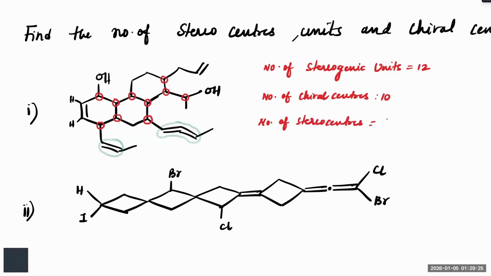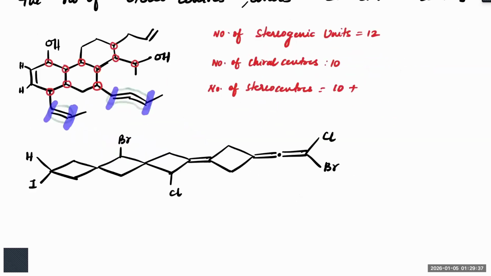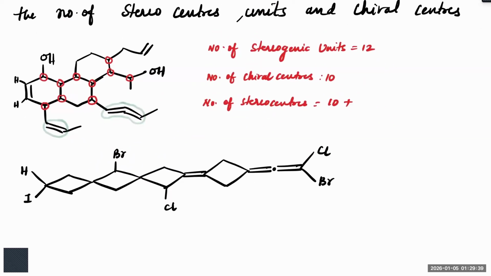Stereo centers include chiral centers plus, you can see, with respect to this carbon and this carbon we can make cis and trans. With respect to this carbon and this carbon we can make optical isomers. Hence we can say plus 10, 11, 12, 13, 14. So total 14 stereogenic centers we have.